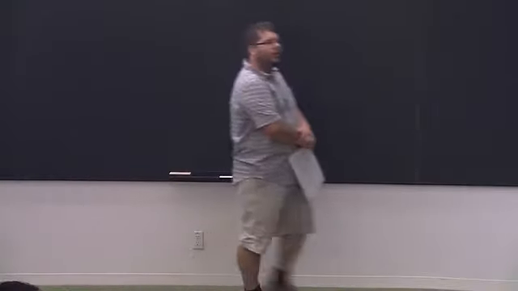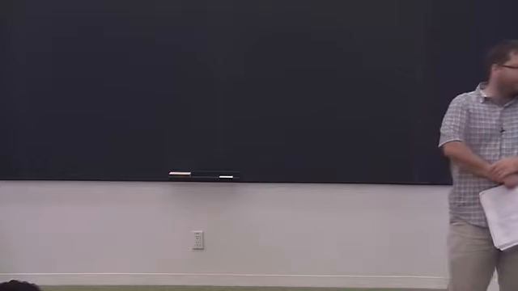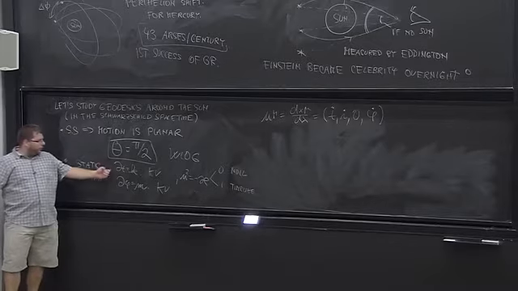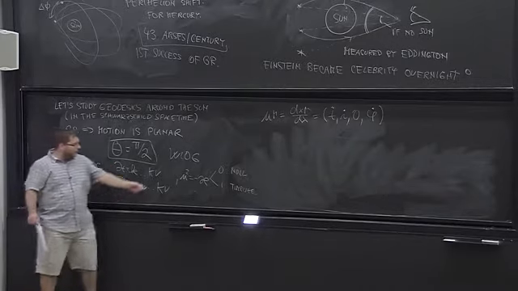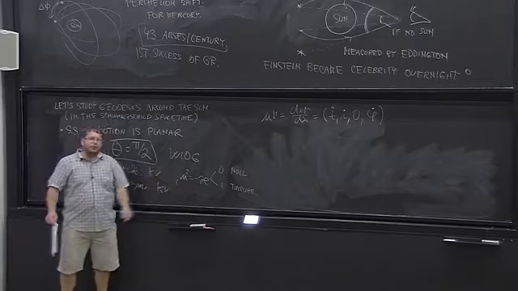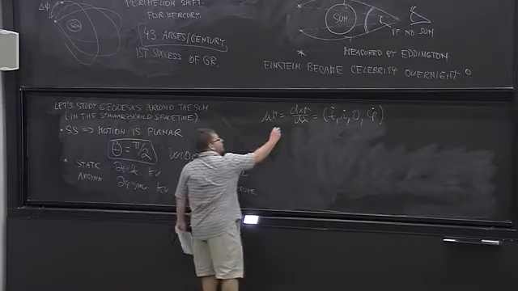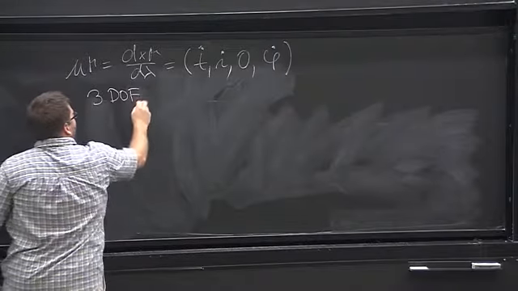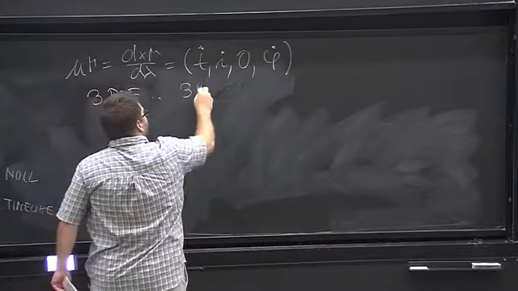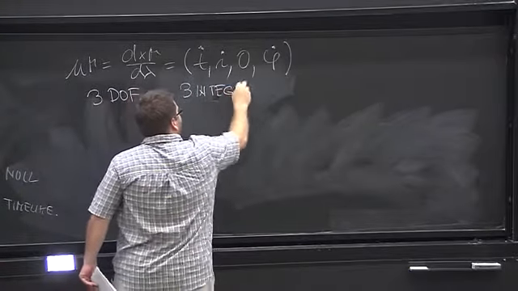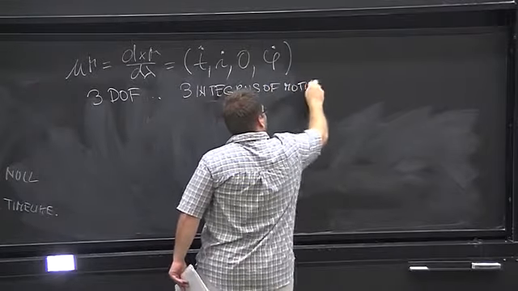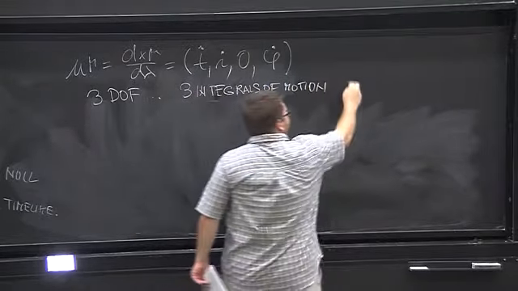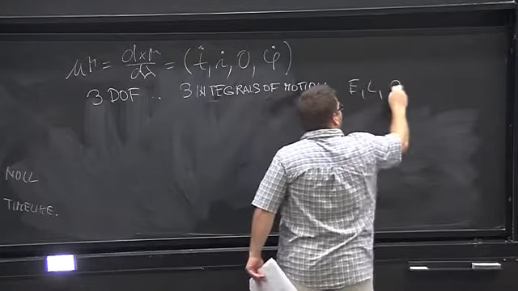We want to find how t, r, and phi actually behave. But we have 3 integrals of motion: energy, angular momentum, and normalization of the velocity, which will be energy, L, and kappa.